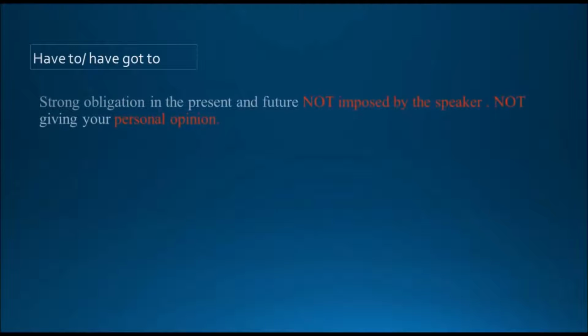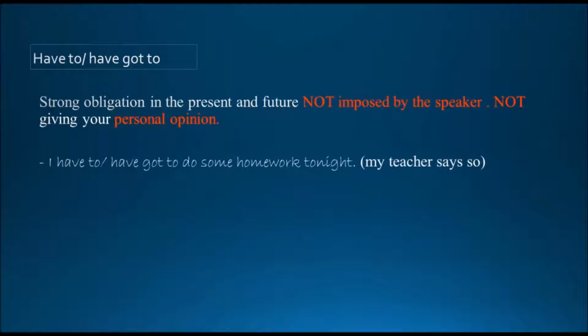Have to and have got to are used to talk about strong obligation in the present and future that are not imposed by the speaker. So you are not giving your personal opinion. I have to or I have got to do some homework tonight.